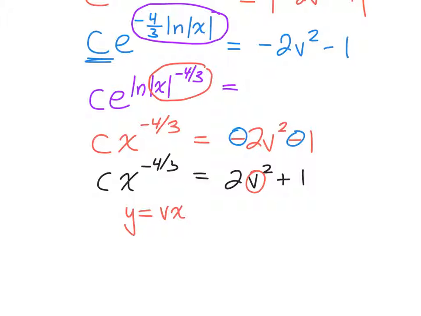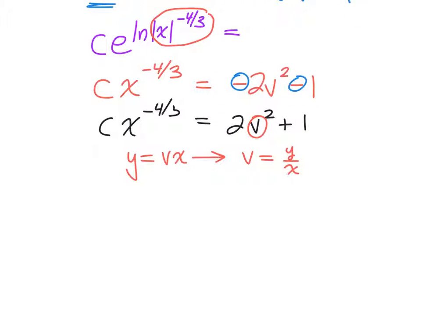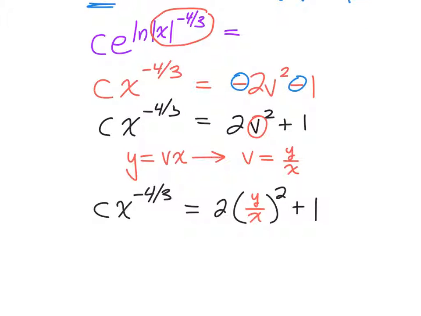All right? So if I want to replace the v, what relationship should I use? I know y is equal to vx. Y over x. Yeah, v is equal to y over x. So cx to the negative 4/3 would be equal to 2 times y over x squared plus 1.